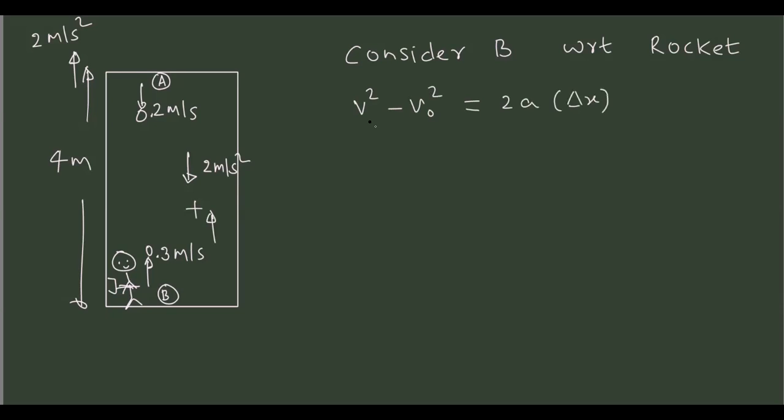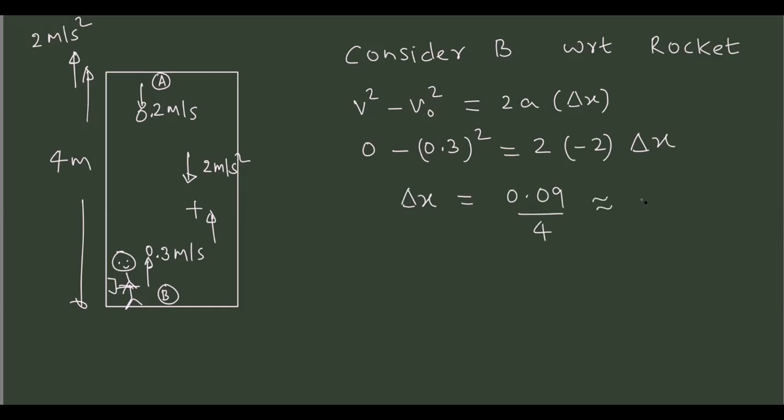At maximum height, this will be 0 minus 0.3 whole square is equal to 2 into acceleration, which is in the downward direction, so I'll take it as negative, minus 2 into delta x. Now the displacement in the upward direction inside the rocket is 0.09 by 4.